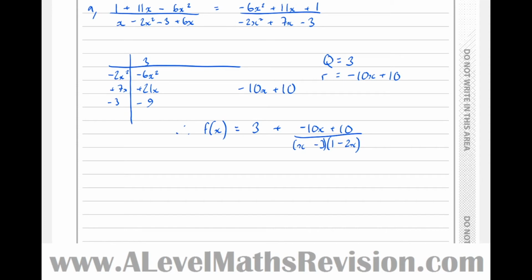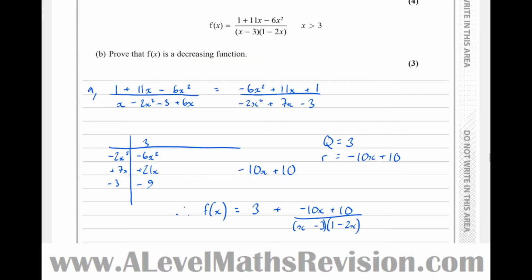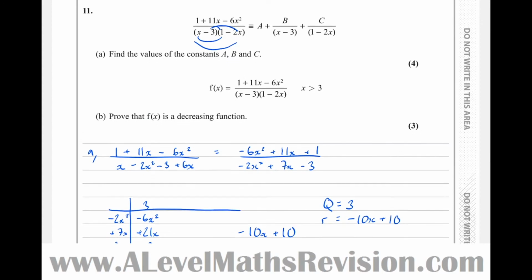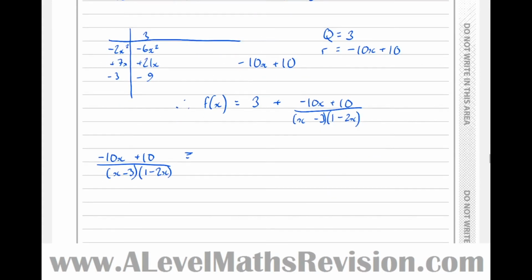So we've got minus 10x plus 10 over x minus 3, 1 minus 2x. We want that to be identical to, and it's told us here, b over x minus 3 plus c over 1 minus 2x.